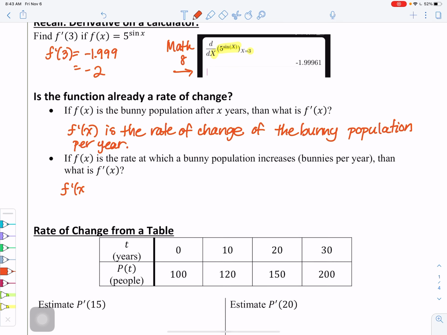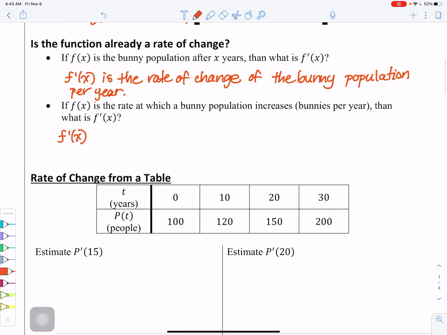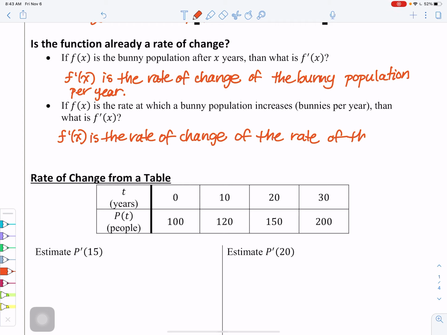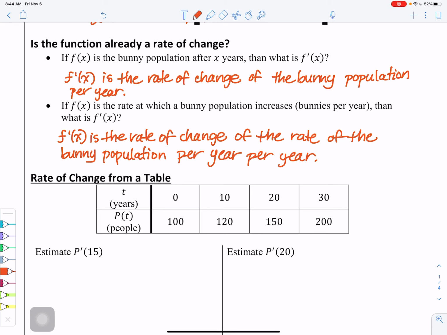Well, in this case, f prime of x is the rate of change of the rate of the bunny population per year. So it is a rate of change of a rate of change.